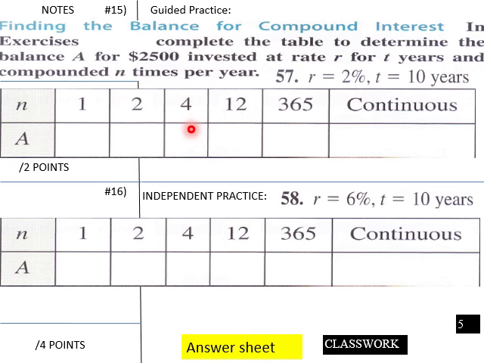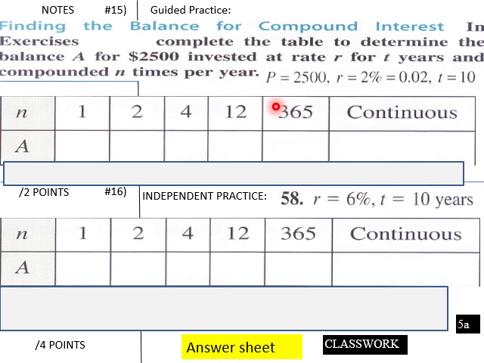Okay, so let's go to our first guided practice here. For this subject matter, we got 2,500 for t years, compounded n times per year. Then we go into continuous, which is a different thing, but for our compounded annually here, same thing down here, r equals 6%, t equals 10, and then we go into a continuous interest rate here.